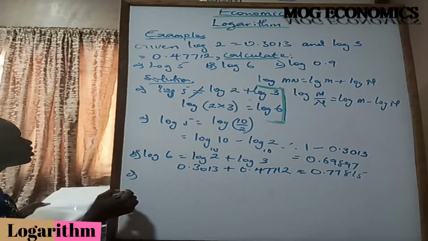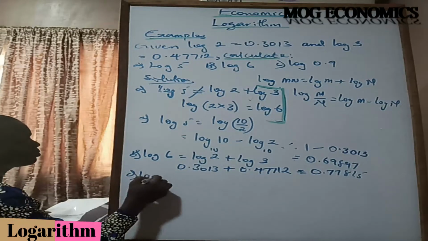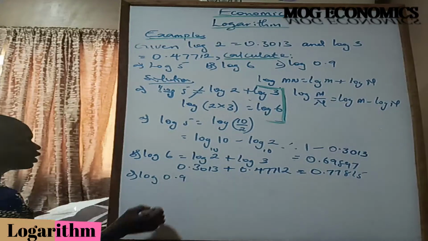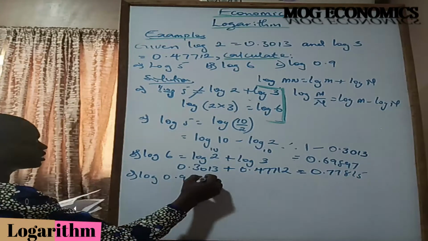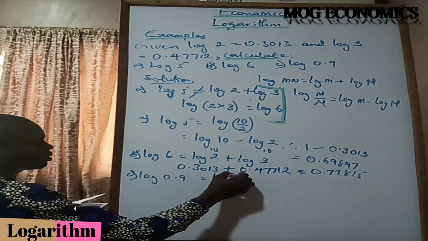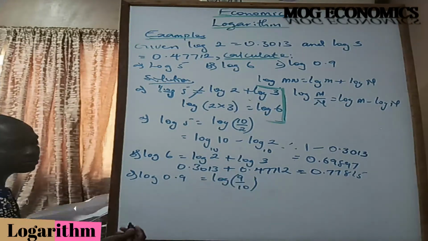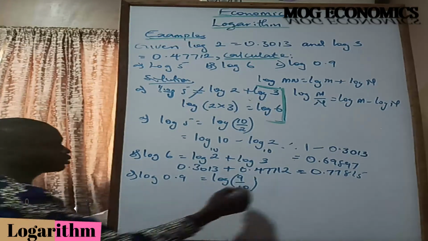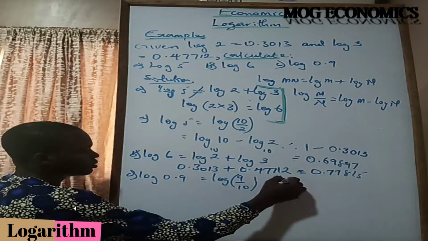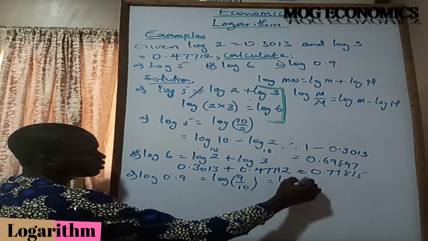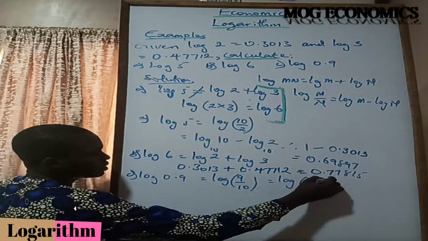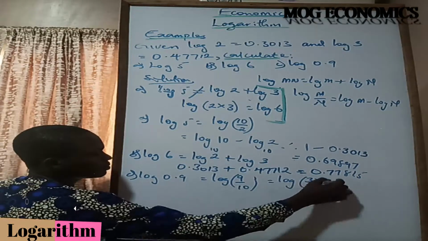Now the third one, which is a little bit funny, you have log 0.9. If you try to open this up, it's the same as log 9 divided by 10. Do you agree? Alright, good. And we can still open this up to give us log of 3 times 3 divided by 10.